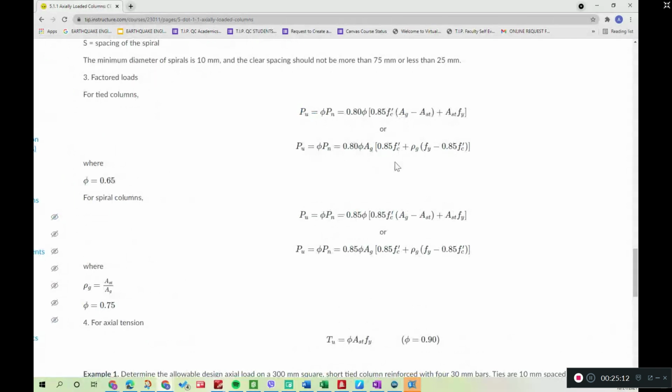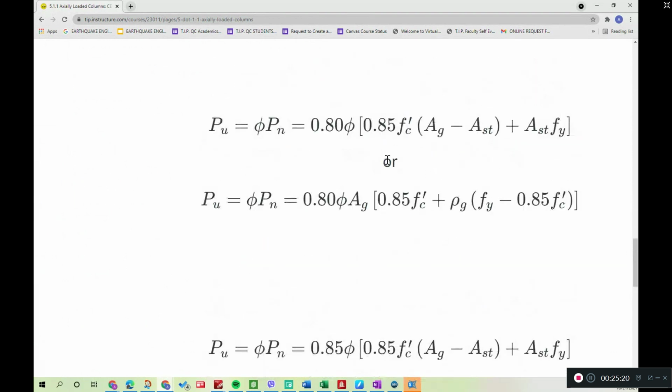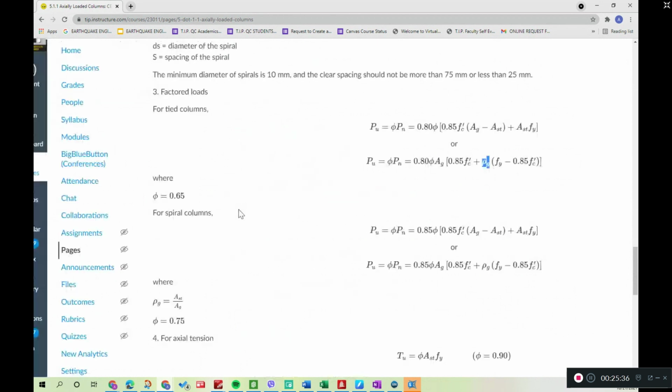What's the difference here? Notice that the difference is, what if this one is given? Then you can readily do this, and if the ratio is given, I think you're done doing this one. So you just try to analyze that.